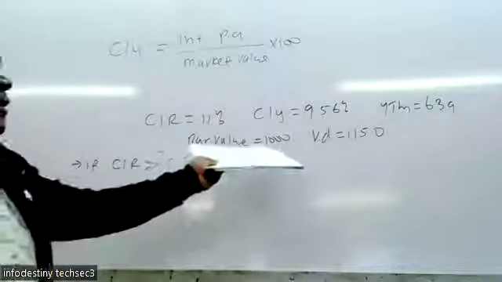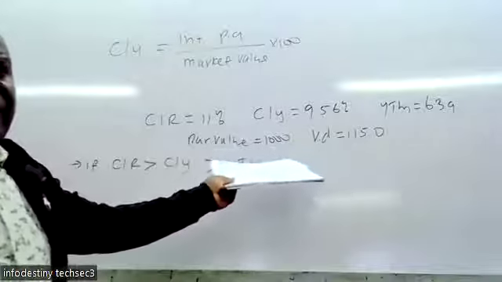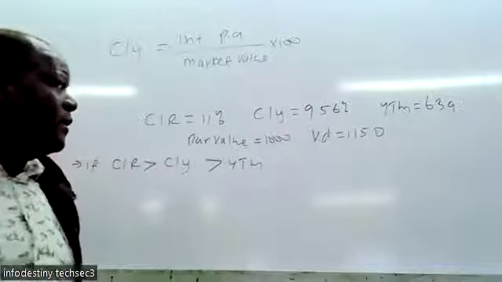And you can see it here. The par value is 1,000, but the market value is 1150.